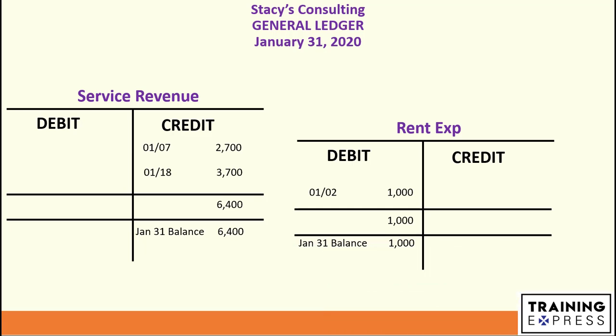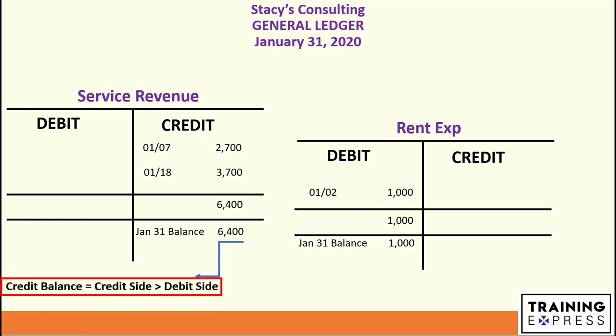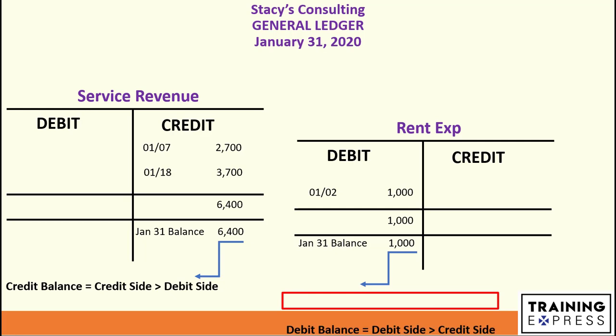Now here at the end of this discussion, you will see that when it comes to service revenue, credit side is greater than the debit side. So it will be called credit balance. And when we look at the rent expense account, debit side is greater than the credit side, so it will be called debit balance.